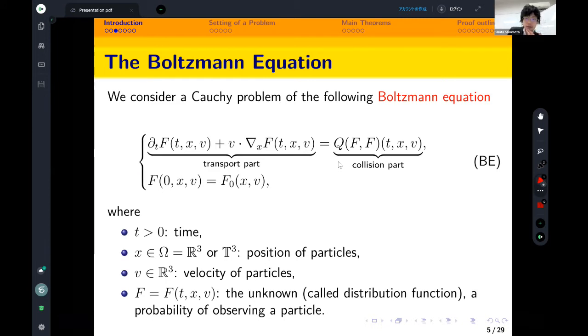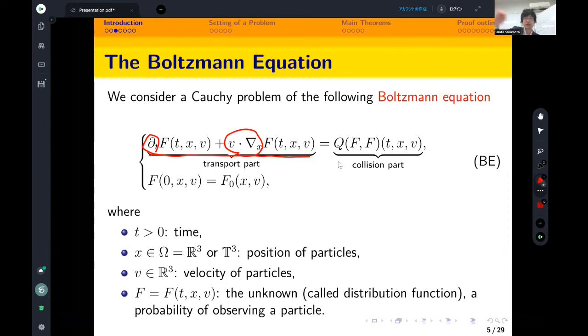And the dilute gas is governed by two effects. One is the transport part, the left-hand side, because as you can see, ∂_t and v · ∇_x mean that if there is one particle, and a velocity v, for example in this direction, is given, then it moves along that direction.